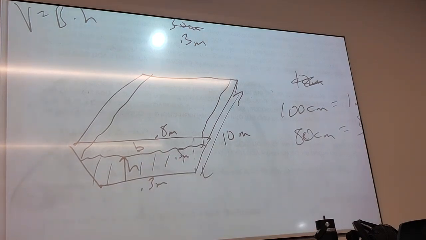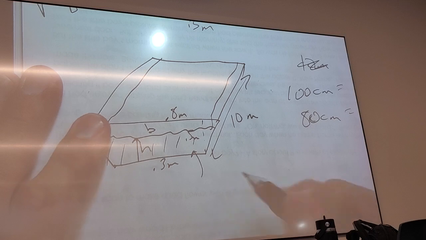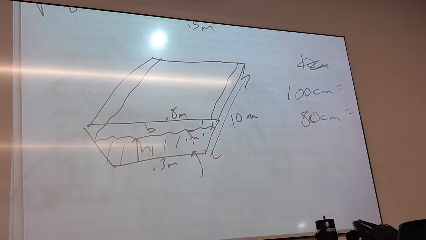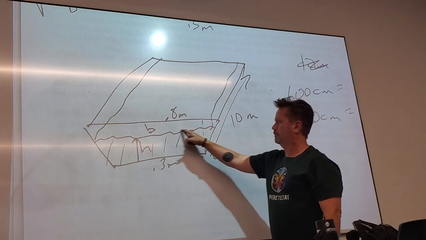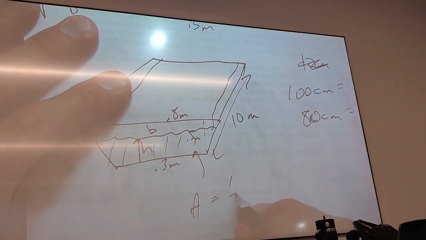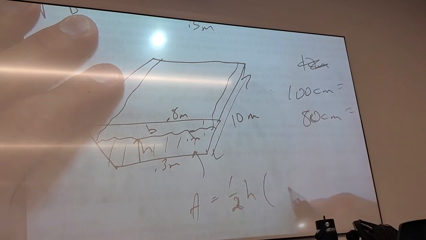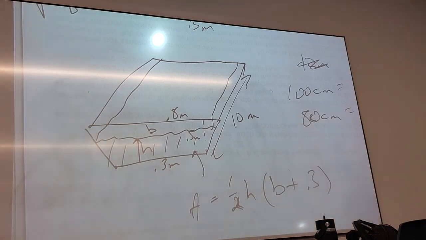So now the whole point. This is as much as I'm going to do for you. Help me out. What's the area of the water face? If you just look at this, what's the area of that? It'll be 1/2 times the height times 0.3 plus B. Right, it's 1/2 the height times the sum of the bases.